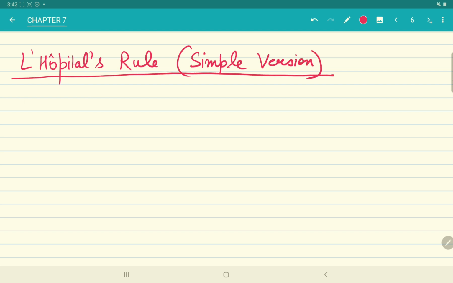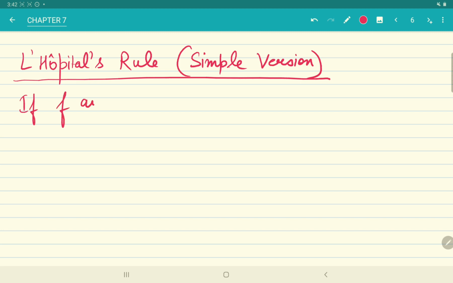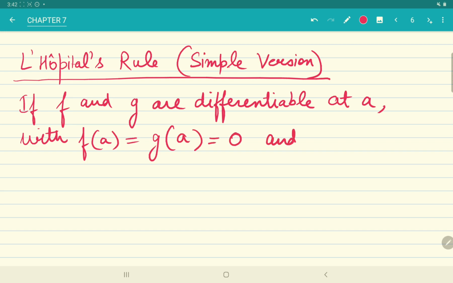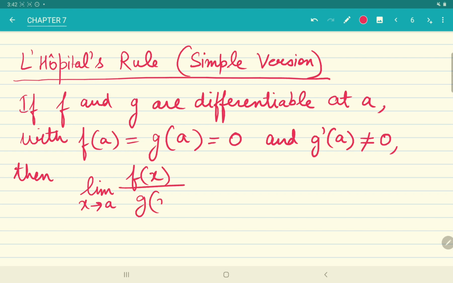Again, in this case, if f and g are differentiable, so we need to keep this in mind that f and g have to be differentiable at a, with f of a equal to g of a equal to 0 and g prime a not equal to 0, then I can write limit x tending to a f of x by g of x to be equal to f prime a divided by g prime a.